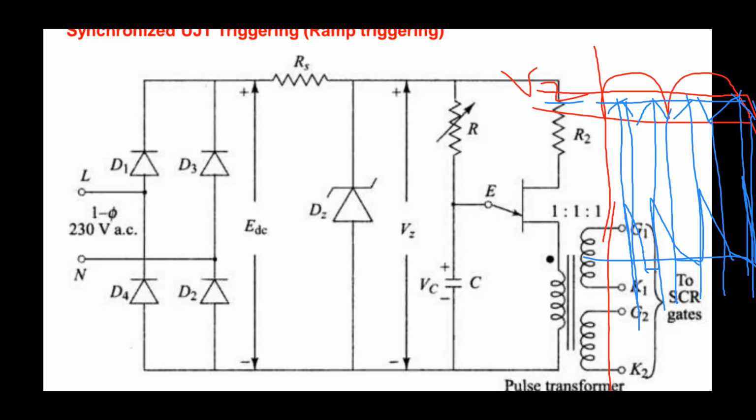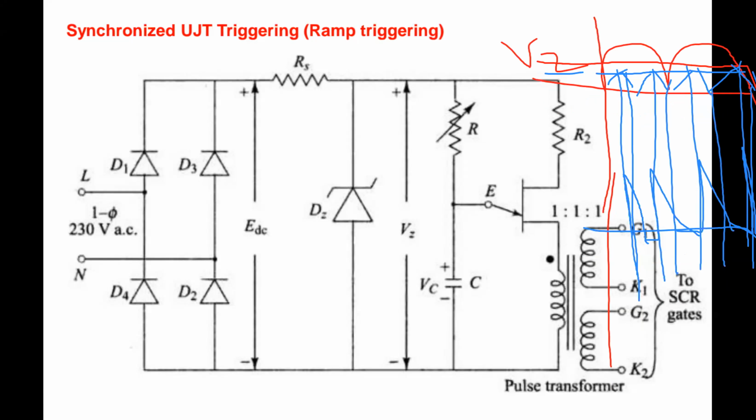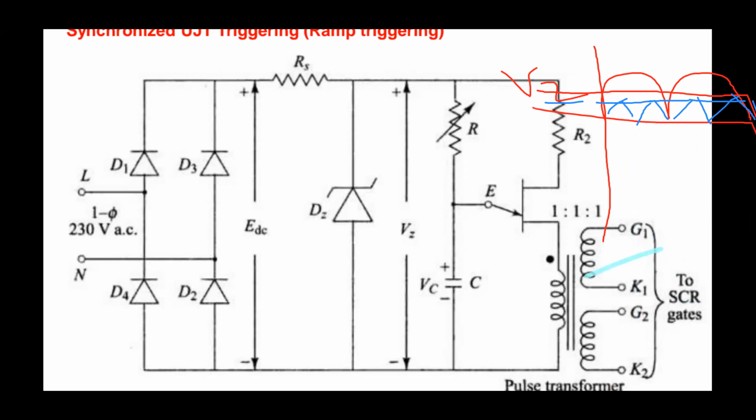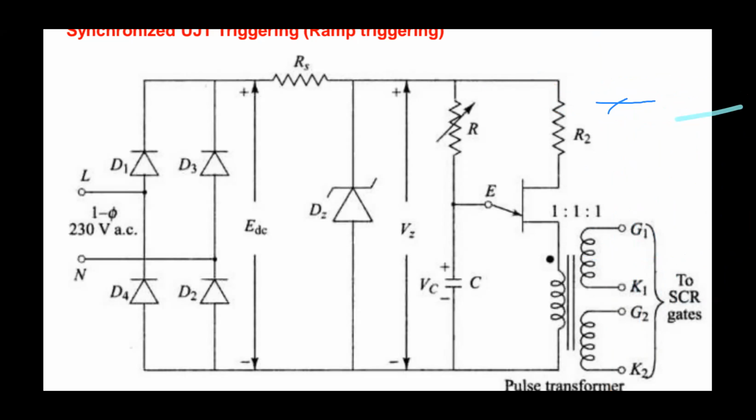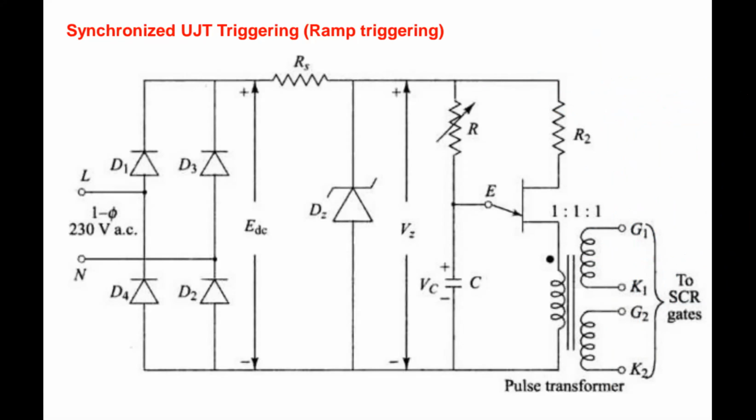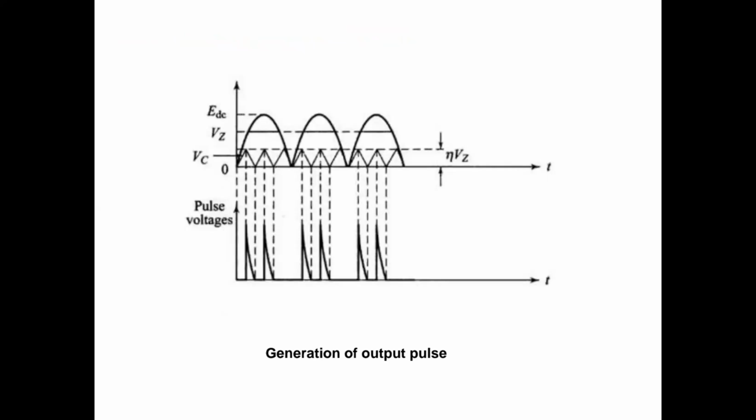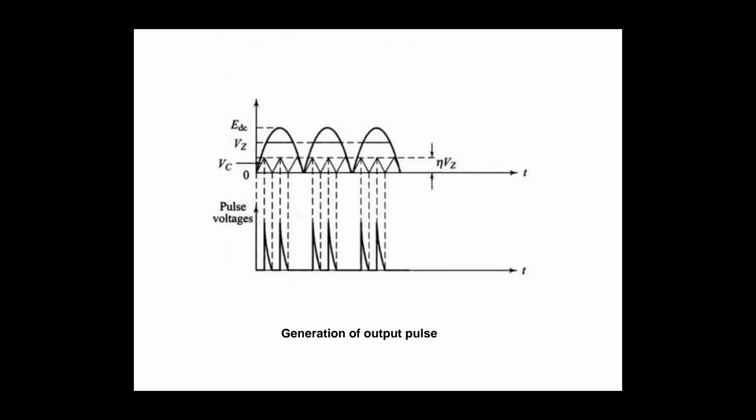I will just show the waveforms. You can see the waveforms here: EDC, the pulsating DC that we got, this is the VZ voltage, and this is the level eta into VZ, and VC, the charging and discharging.